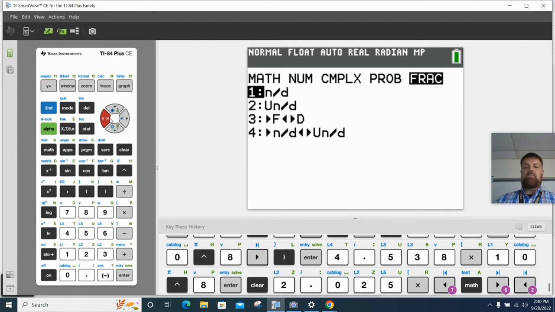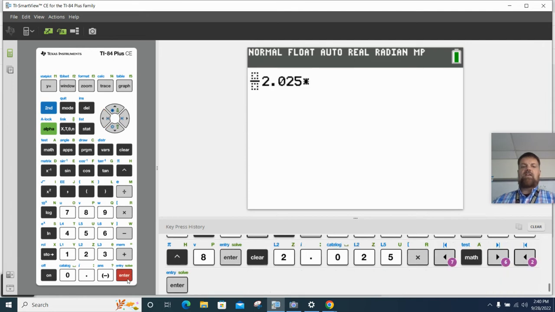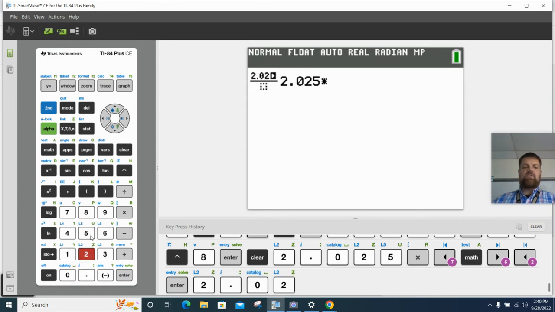So hit the math button, move over to the fraction menu like that. You guys remember that? Raise your hand if you don't, and I'll come by and show you. Hit enter.